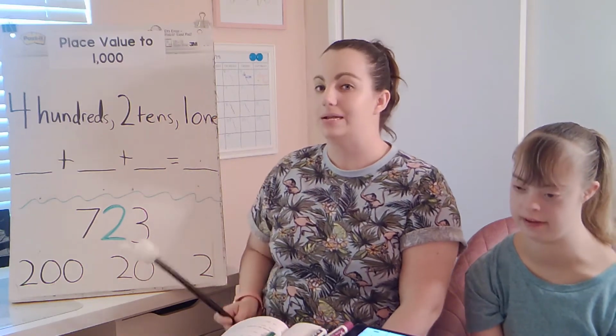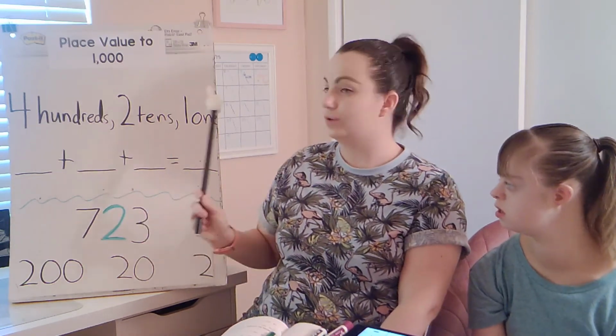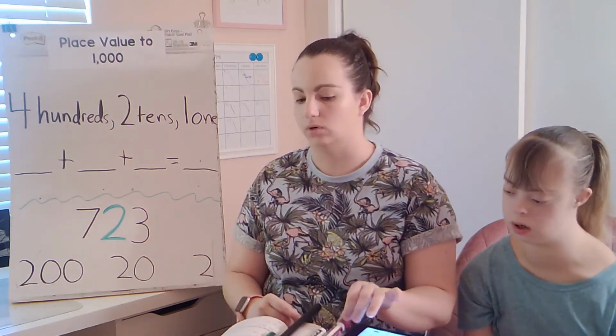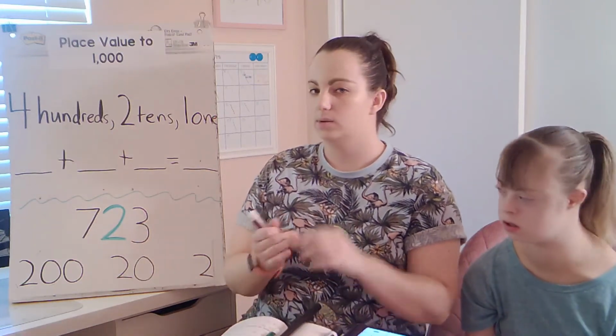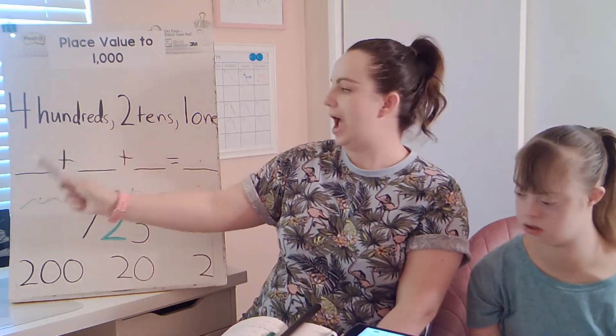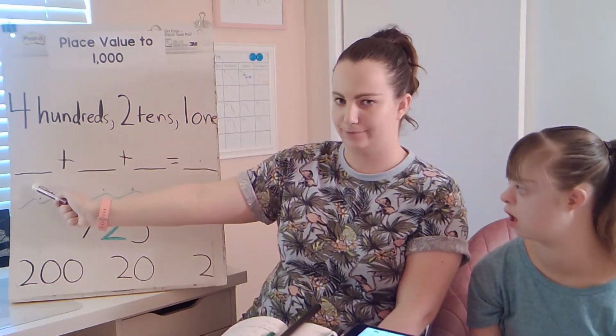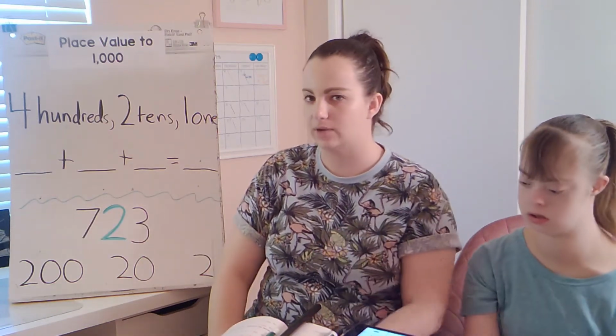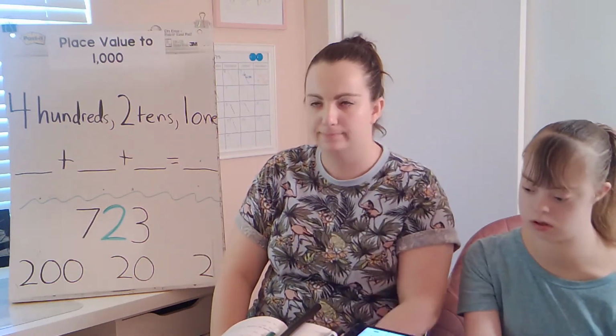Okay? Now we take that written number and write it in expanded form, okay? I want you to be thinking at home, 4 hundreds, how would I write that here? Kaylee and I will give you some think time, okay?